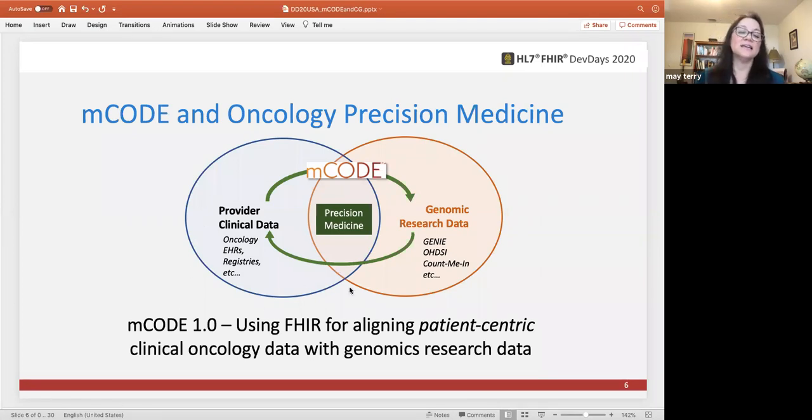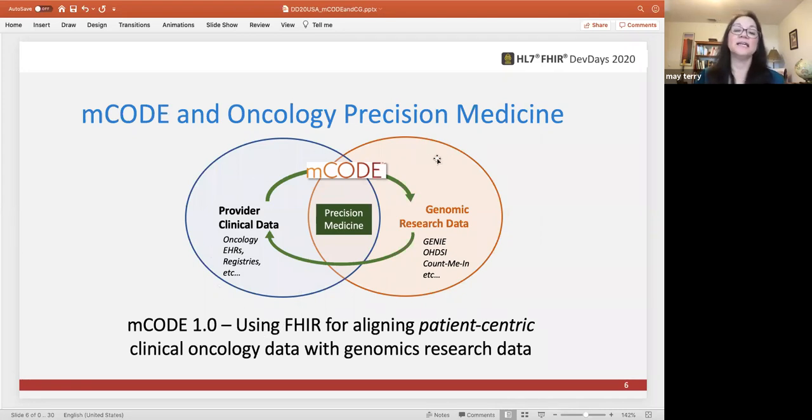But that said, if one thinks about the other types of applications and stores that are more research focused on this notion, as you go through precision medicine, at least within what I'm thinking about here, it almost becomes this kind of learning healthcare system where you have this initial provider clinical data, which could be at the point of capture in oncology EHRs, potentially within registries and so forth.